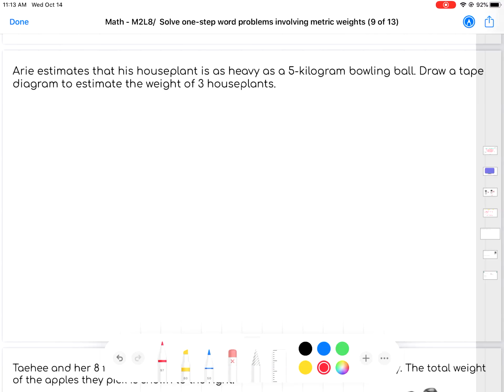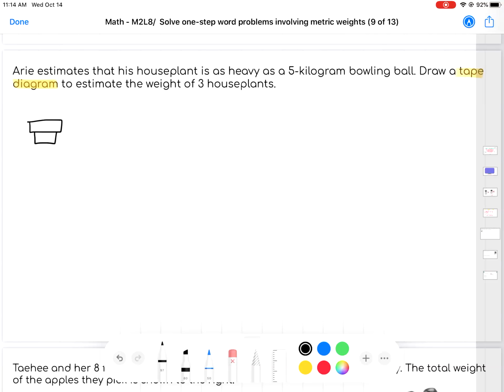Ari estimates that his houseplant is as heavy as a 5 kilogram bowling ball. Draw a tape diagram to estimate the weight of 3 houseplants. So this question is asking us to use the tape diagram to solve the question. So let's see. Ari has a house plant that is about 5 kilograms.